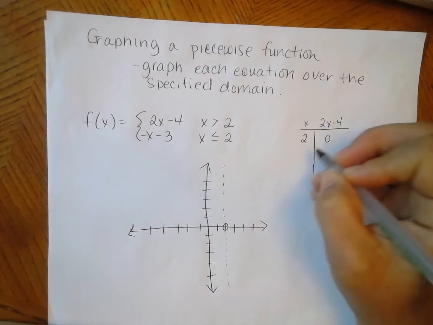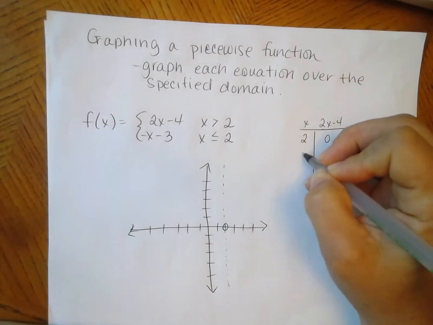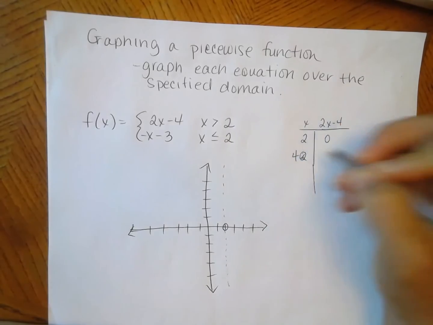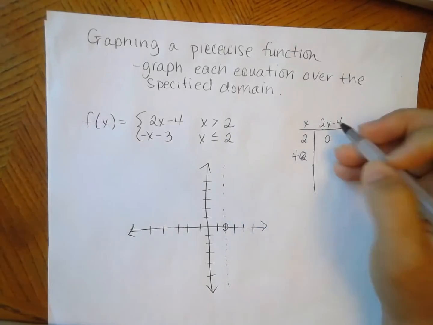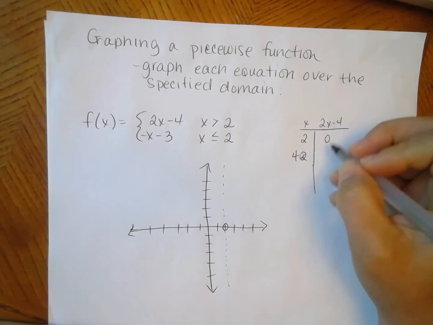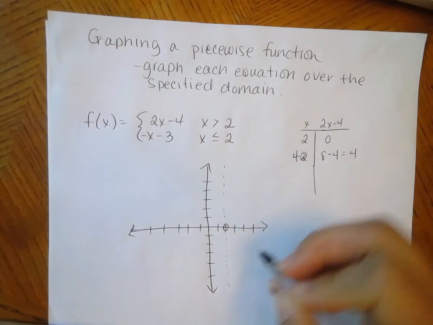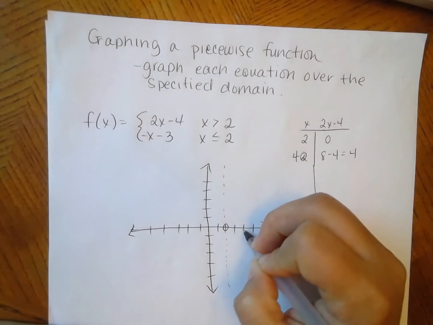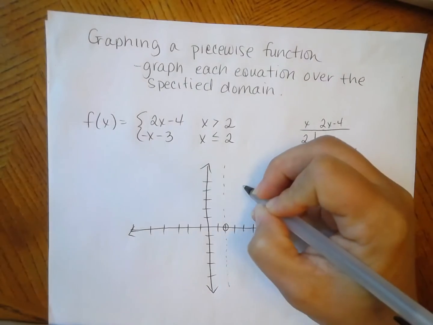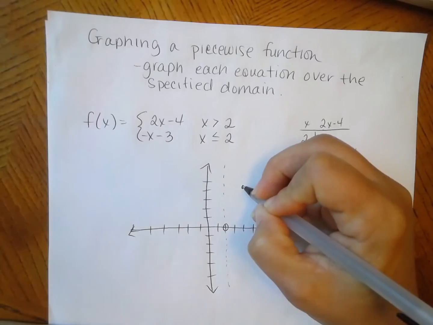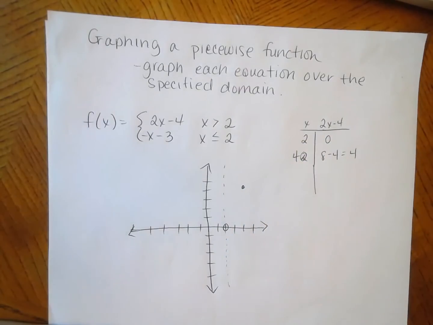Alright, so then I'm going to choose another point here. I don't want to plug in another 2. How about if I plug in 4 this time, something bigger than 2? Then I'm going to get 2 times 4, which is 8, minus 4, so this gives me positive 4. So I come over here to 4, and I come up here to 4. I'm not going to graph a lot of points here because this is actually a line.